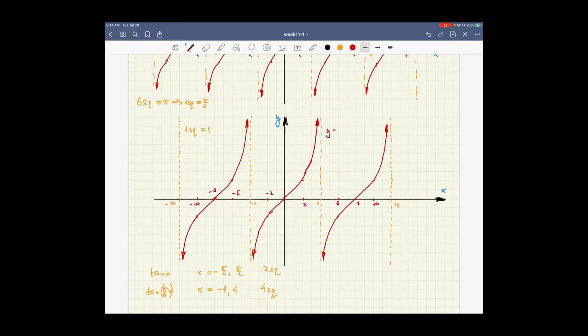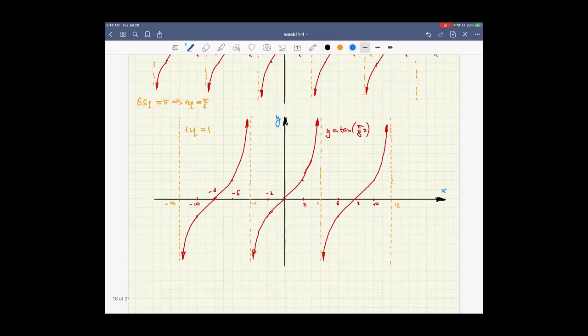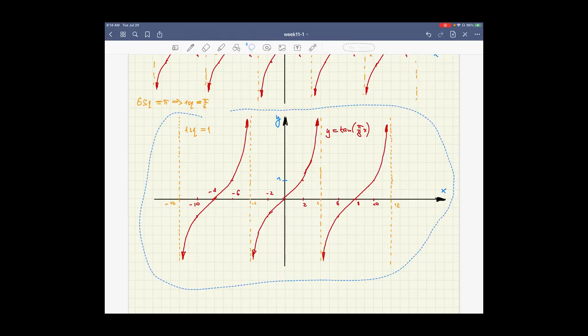This is the graph of tangent of pi over 8 times x. From now on, we won't need to change the horizontal scale when we do the other transformations.